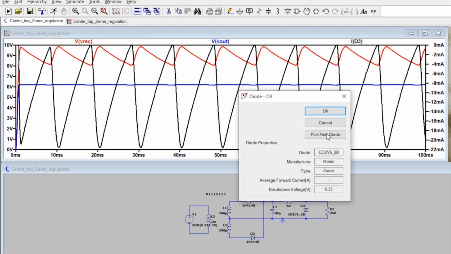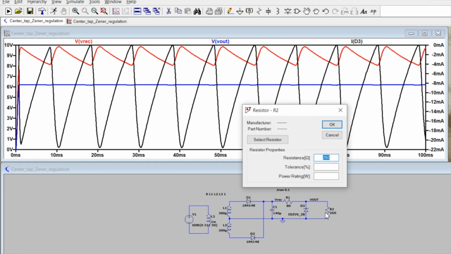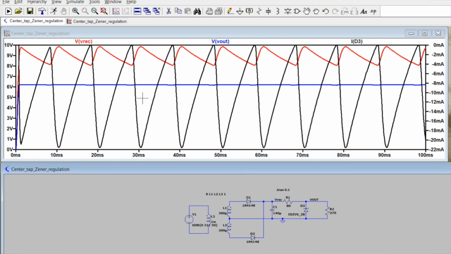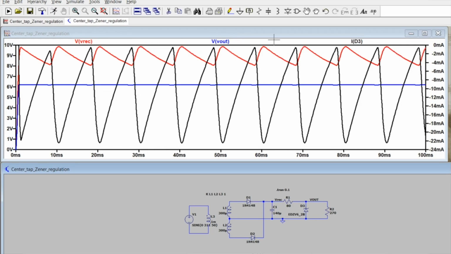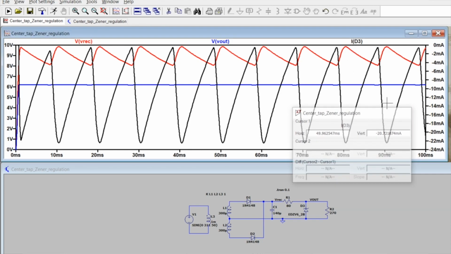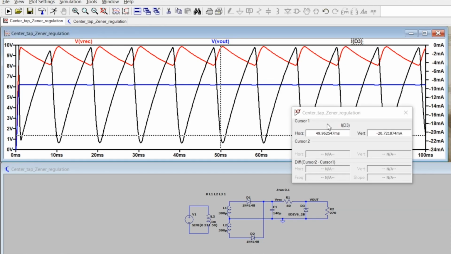And if I make it maybe 270 something like that, you can see it has slightly increased. Now in this case it has started at 0.6 microampere.